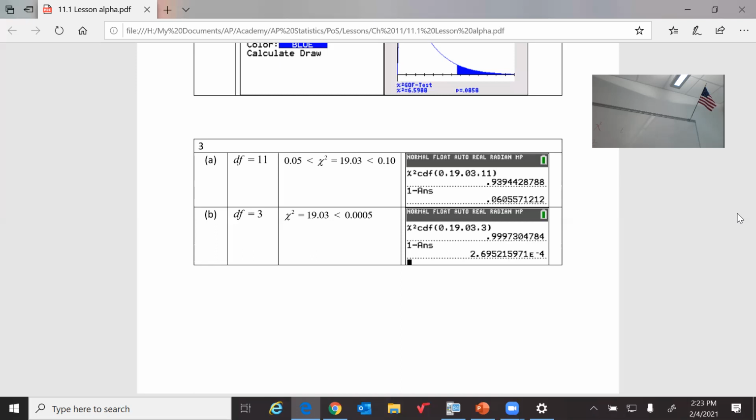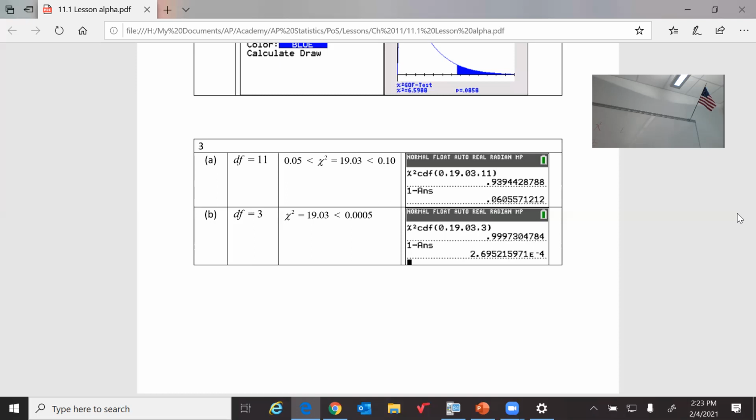So if you had 3 degrees of freedom, you're absolutely in the tail, because your p-value is essentially 0, because the distribution looks like this. 3 degrees of freedom will look like that. 11 degrees of freedom would look like that.